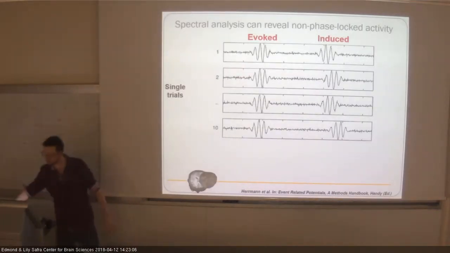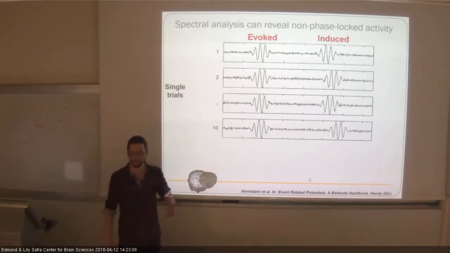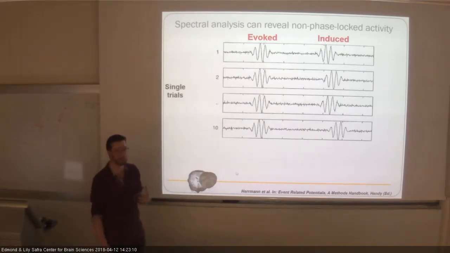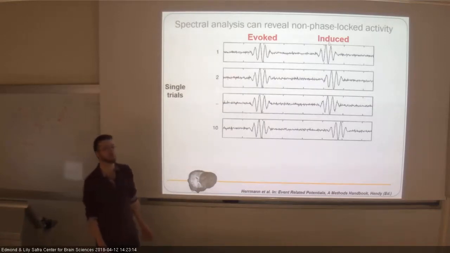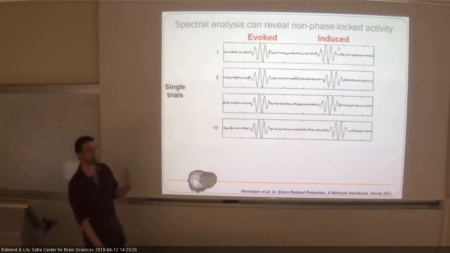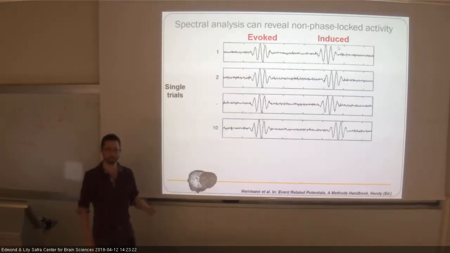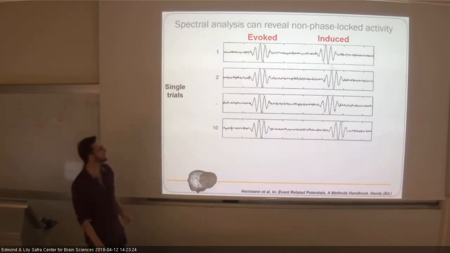Sometimes in the EEG jargon we call ERP analysis analysis of evoked responses, and then we have analysis of induced responses. It's sort of a bad name, but all this means is that induced responses are responses which are not dependent on a specific phase.